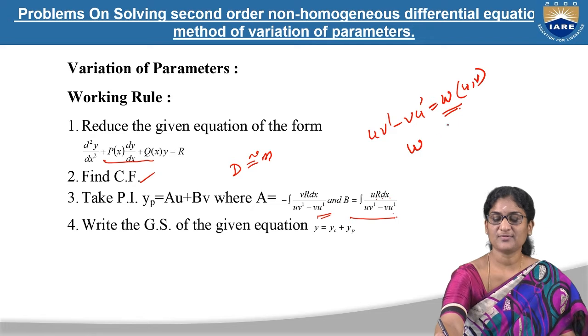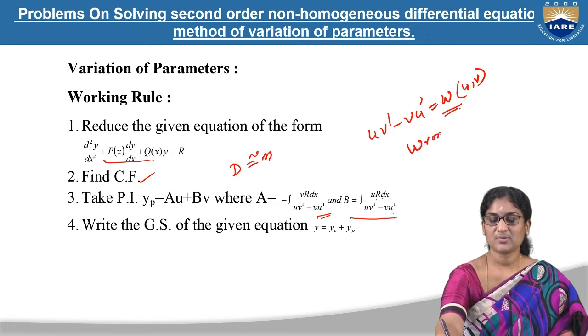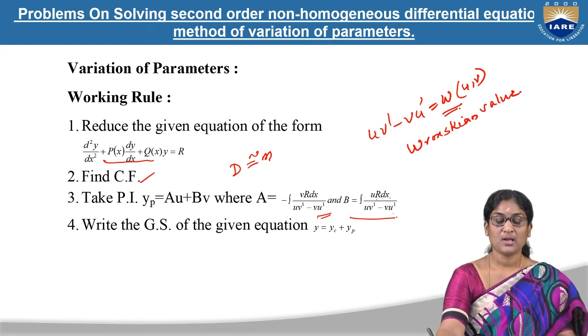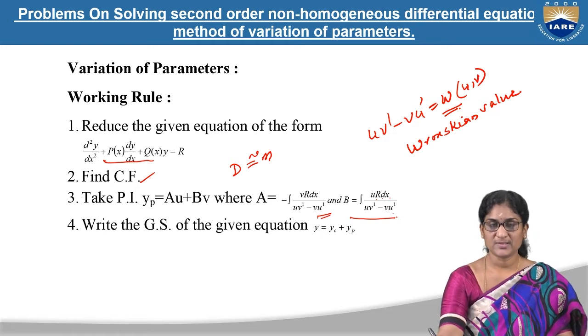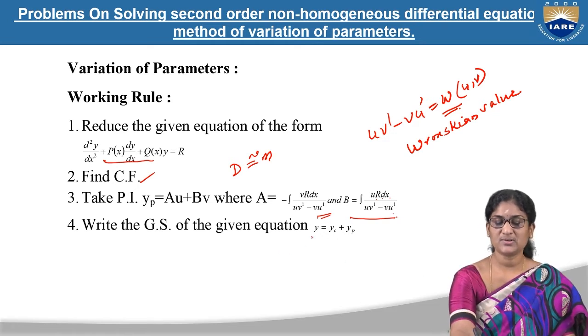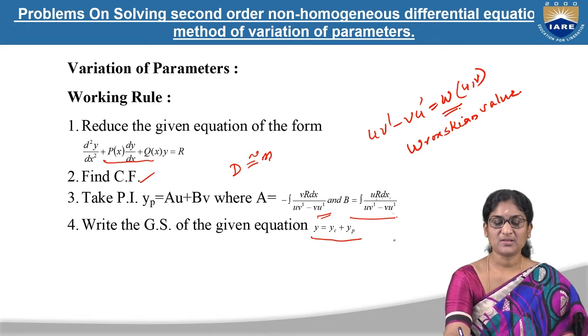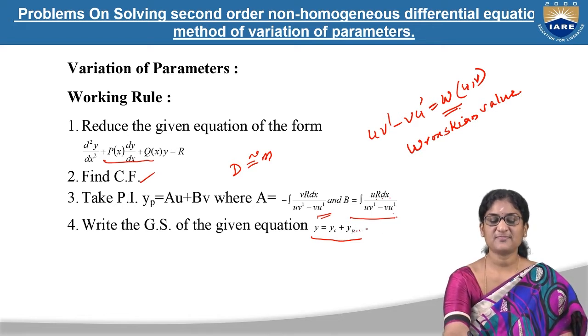So this W of u comma v is called the Wronskian value. After getting the particular integral by this method, the general solution is as usual the sum of the complementary function and the particular integral, that is yc plus yp. Only the method of finding yp is different for variation of parameters.